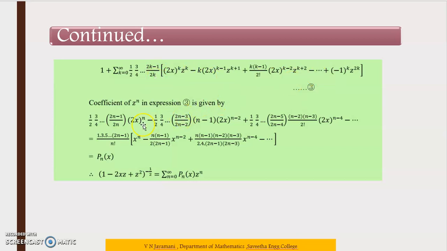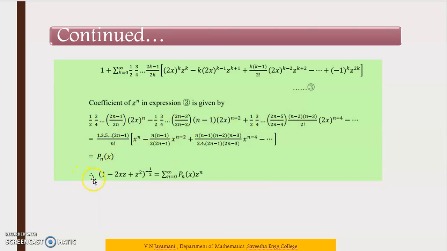Then the coefficient of z power n in expression 3 is given by (1 by 2)(3 by 4) etc. (2n minus 1) by 2n into (2x) whole power n, that is, equating the coefficient of z power n. Then the second term is minus (1 by 2)(3 by 4) etc. (2n minus 3) by (2n minus 2) into (n minus 1) into (2x) whole power n minus 2, and so on. So this fully is taken as Pn(x).